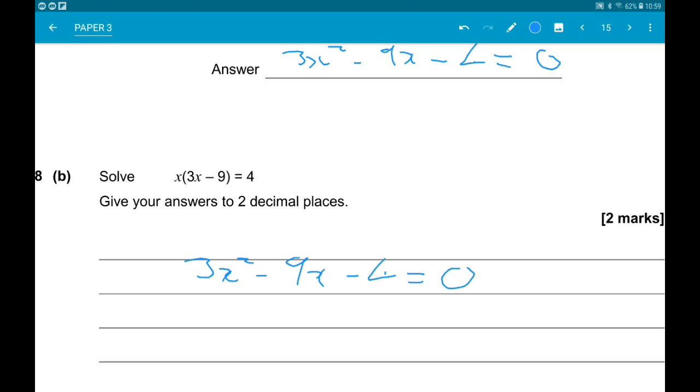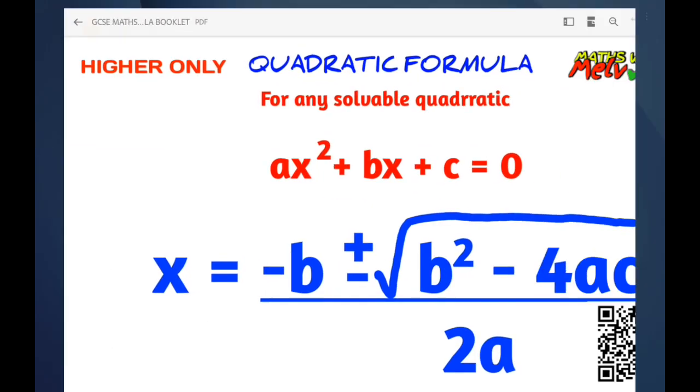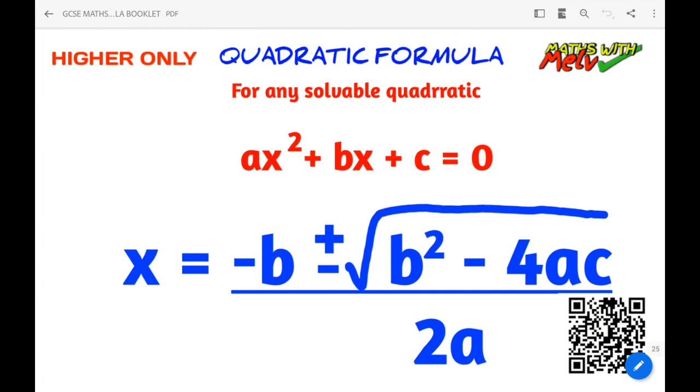Now, given that they're telling us to give the answers to 2 decimal places, that's giving us a clue that we can't factorise this, so sadly we have to use the formula. Now, if you can't remember the formula, here it is on my formula sheet, which is linked down below.